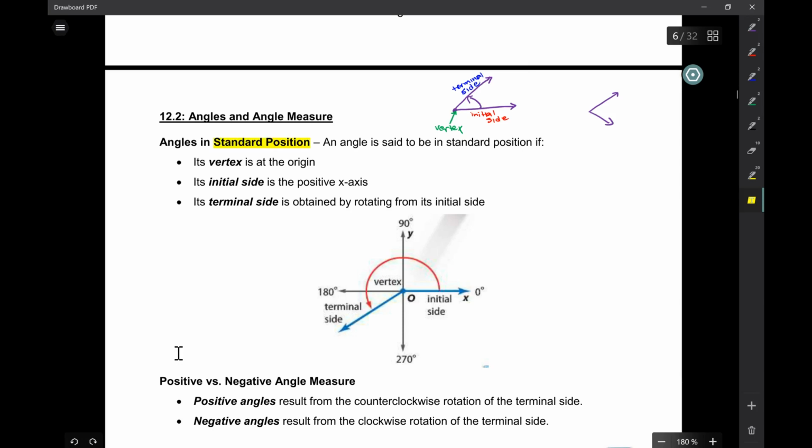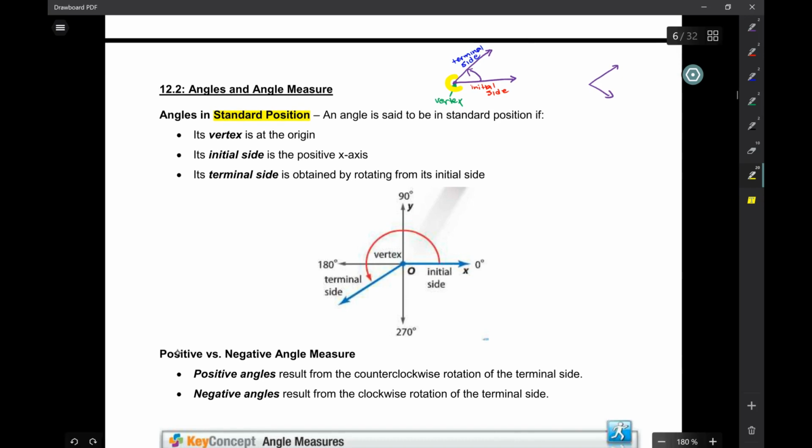We say an angle is in standard position if the vertex is at the origin, and the initial side lies along the x-axis. So if we go to this diagram down here, look at that angle. The vertex is at the origin and the initial side is lying along the x-axis.